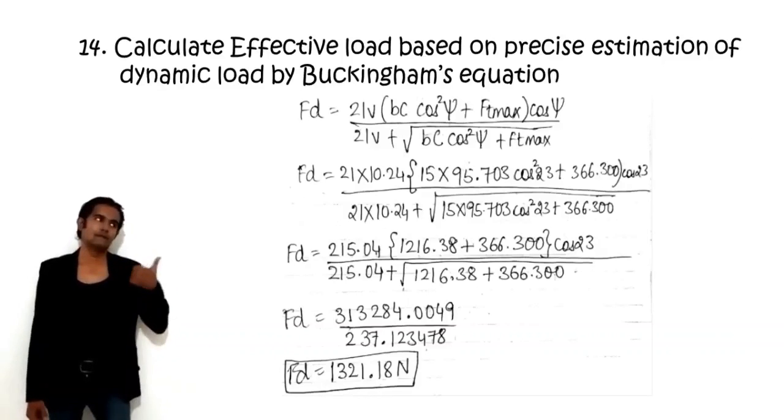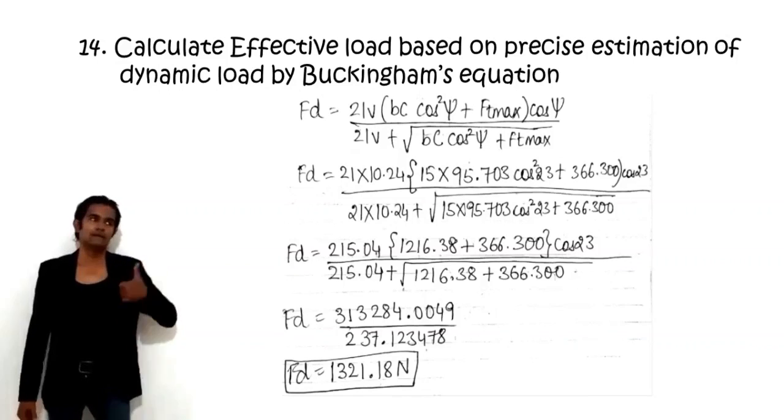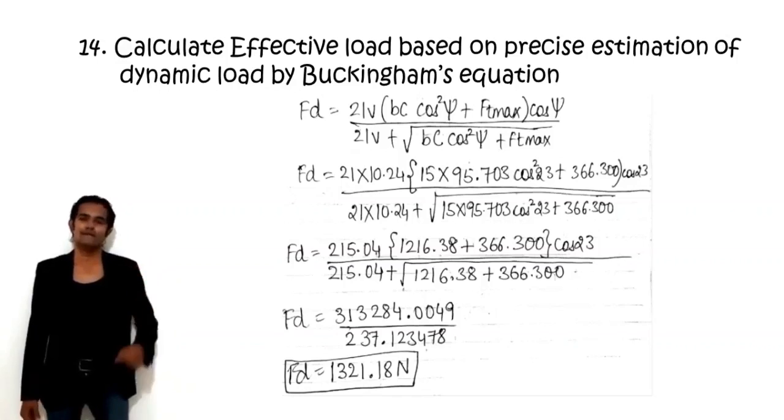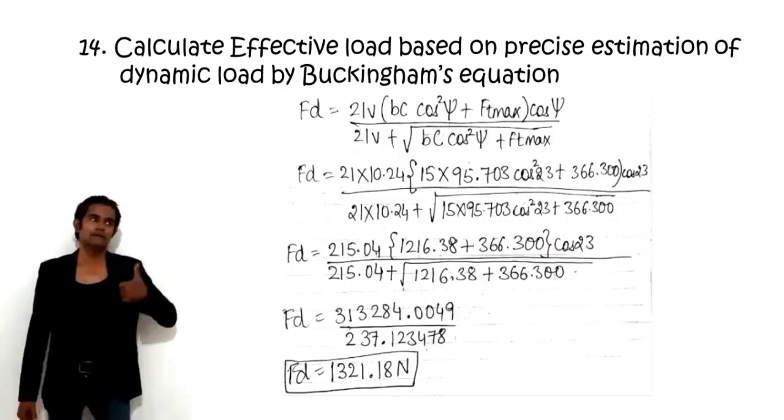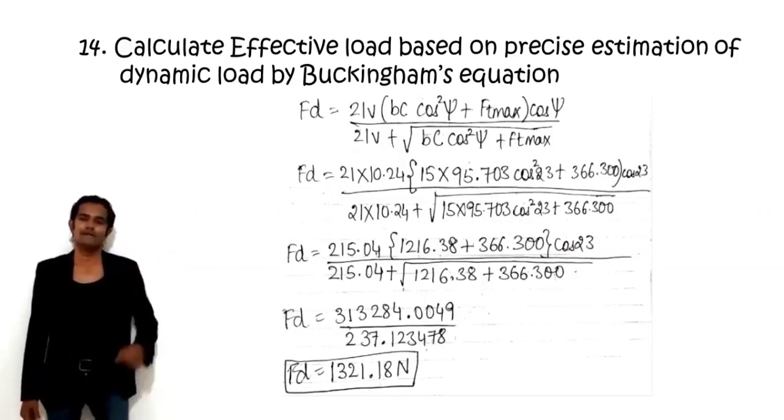Next, I have to put all these values into the formula of dynamic load, which is 21V (BC cos square xi plus Ft max) cos xi upon 21V plus under root of BC cos square xi plus Ft max. 21, V is 10.24, B is 15, C is 95.703, cos square 23 plus 366.300 cos 23 upon 21 into 10.24 under root 15 into 95.703 cos square 23 plus 366.300.